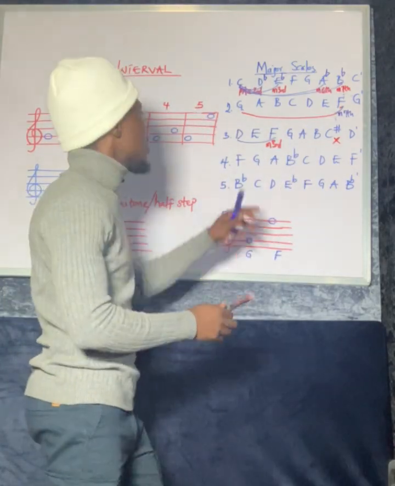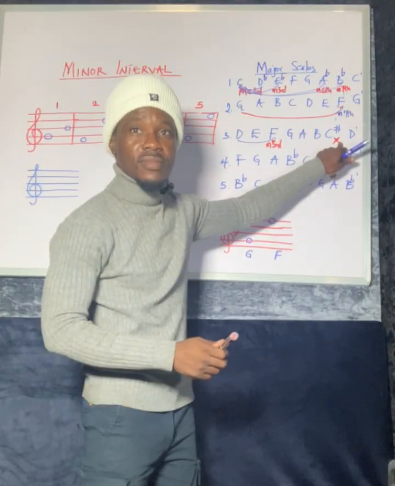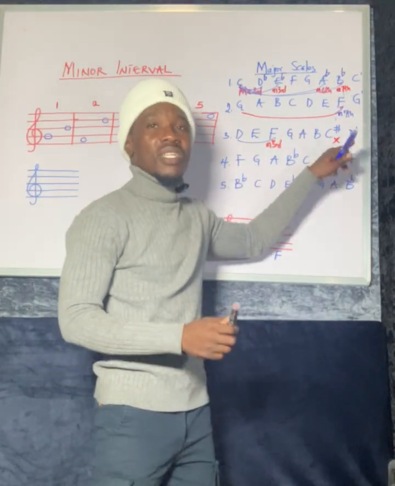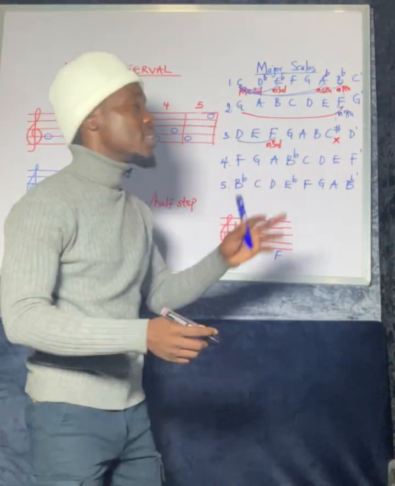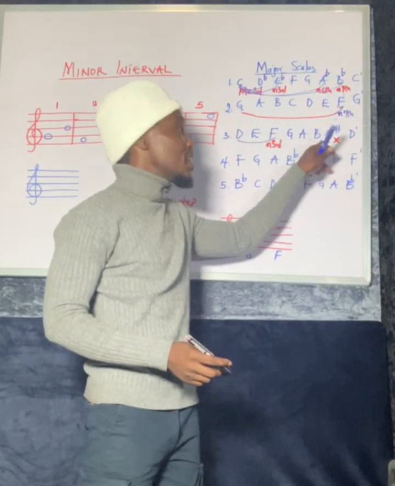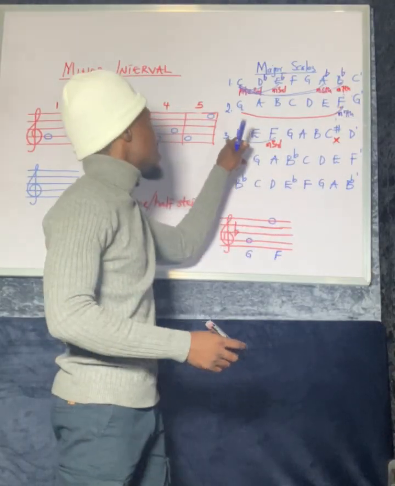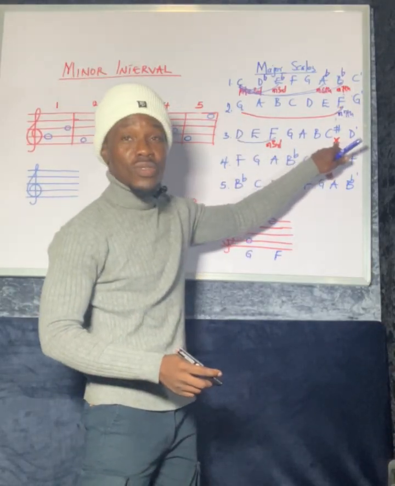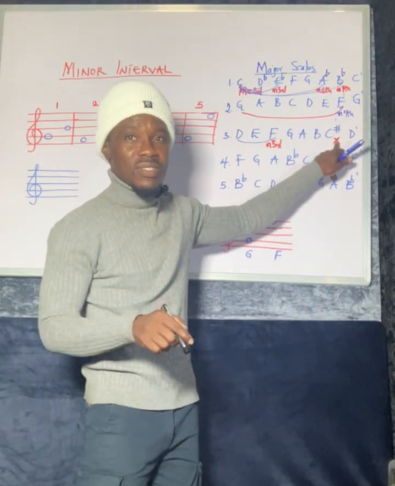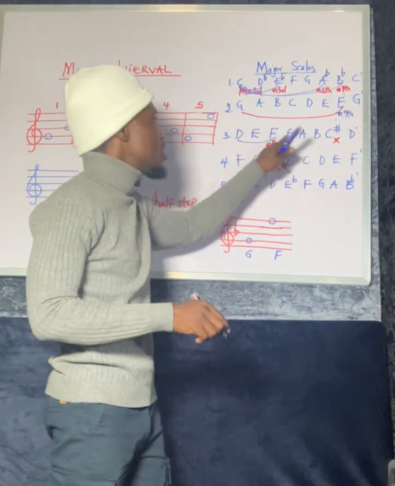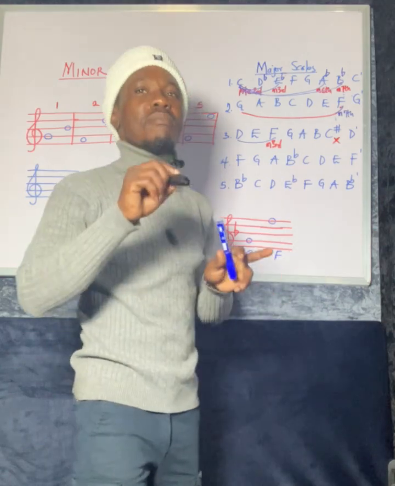Do you understand that? The same thing here. D to C sharp is a major seventh. All right, but D to C is a what? Minor seventh.